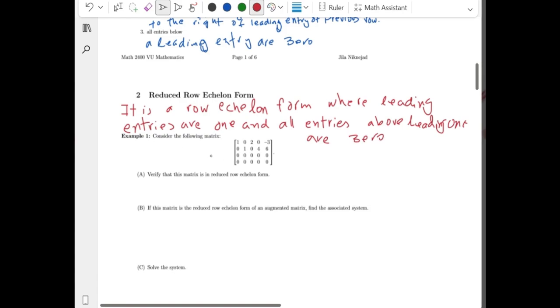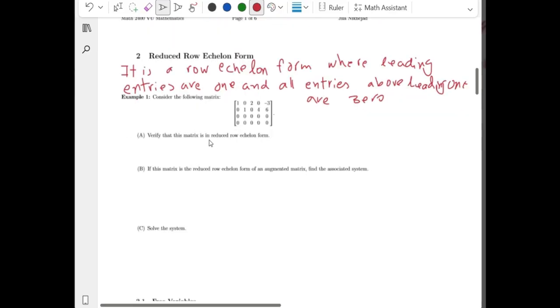Now consider this matrix and first verify that it actually is in reduced row echelon form. See if it's in echelon form. All rows of all 0 are on the bottom. There is nothing underneath them that is non-zero.